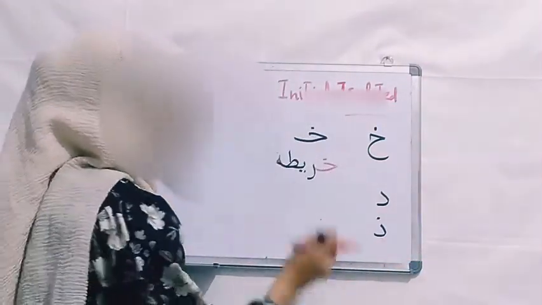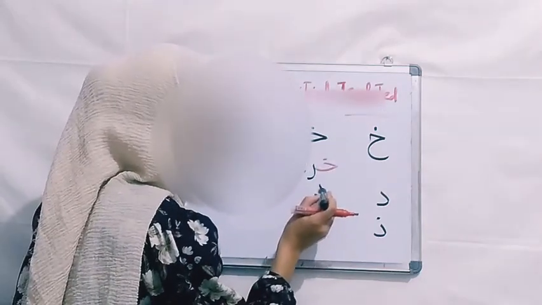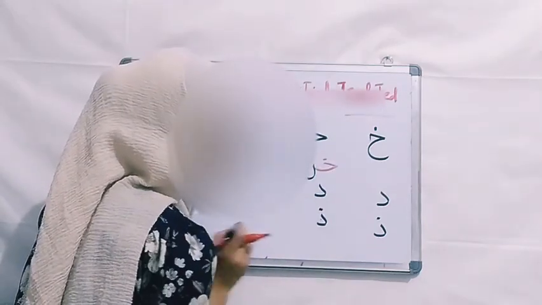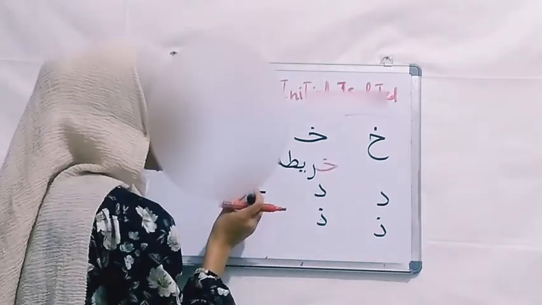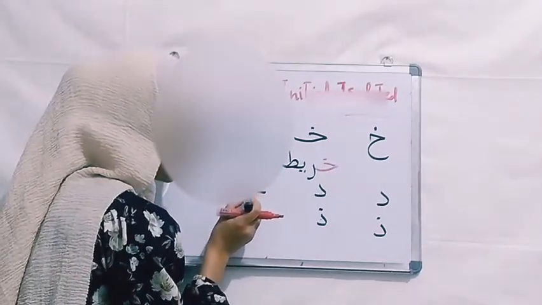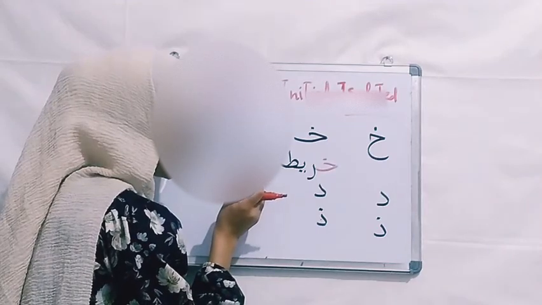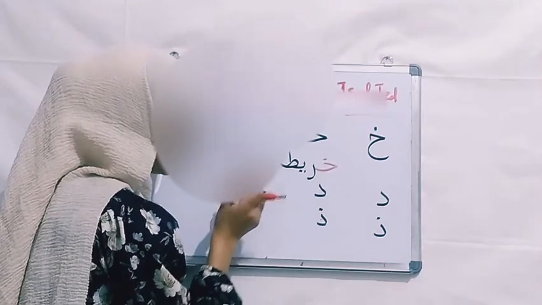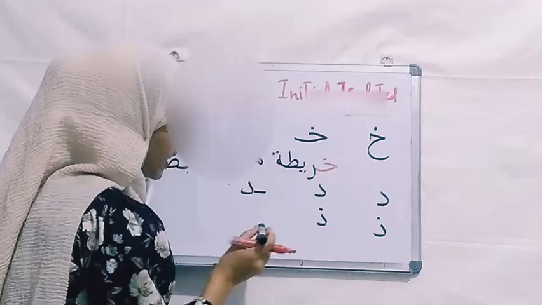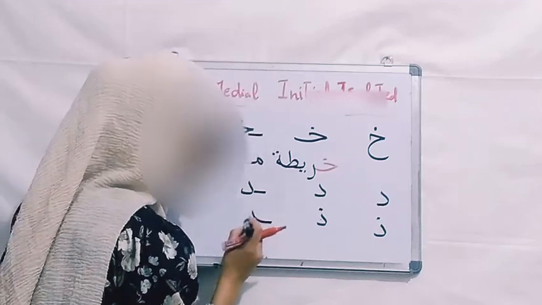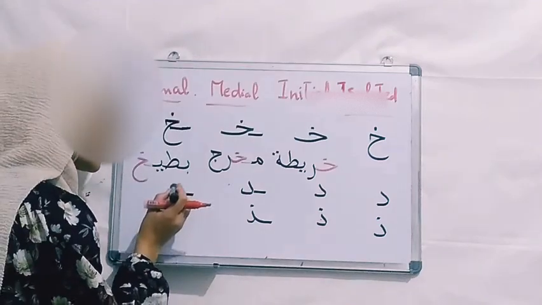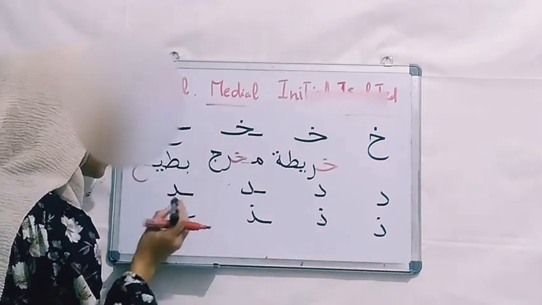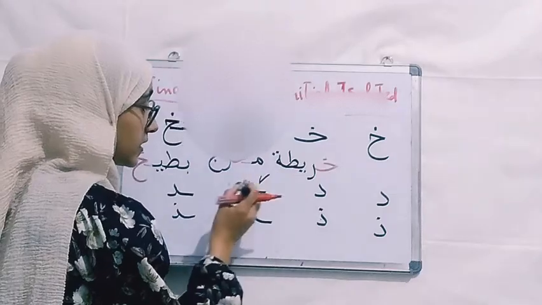So in the initial form, same as the isolated form. In the middle form, it needs to be connected before, because it comes after other letters. And in the final form also, same here, they don't connect after.